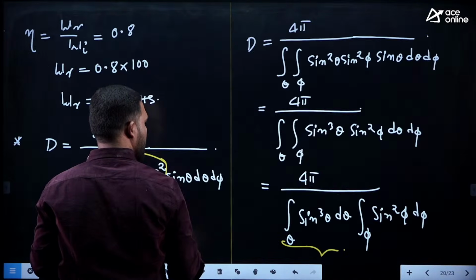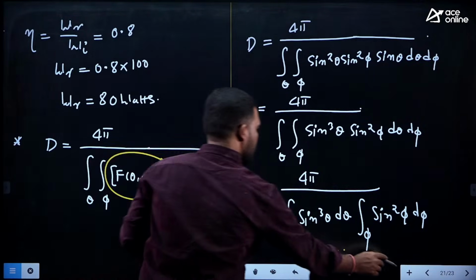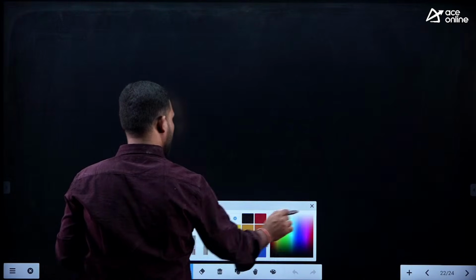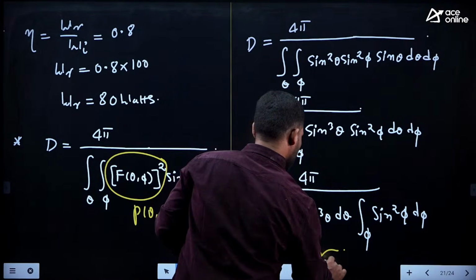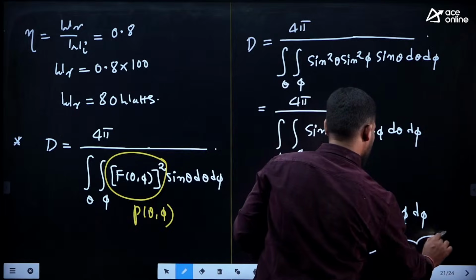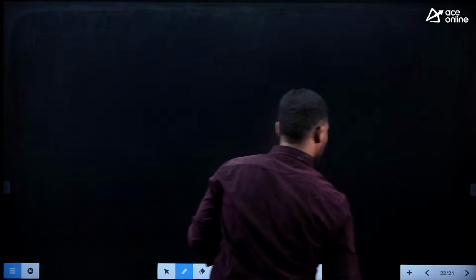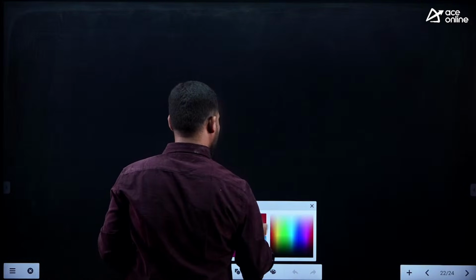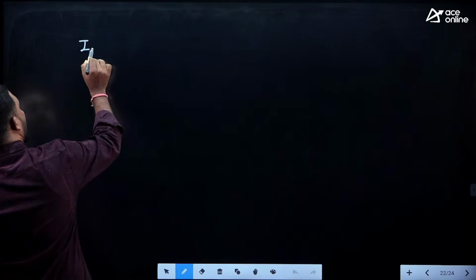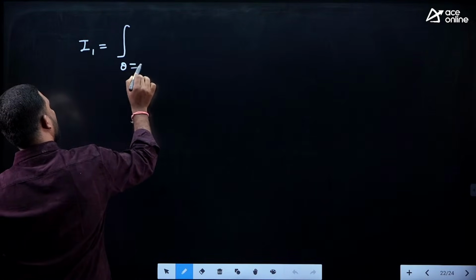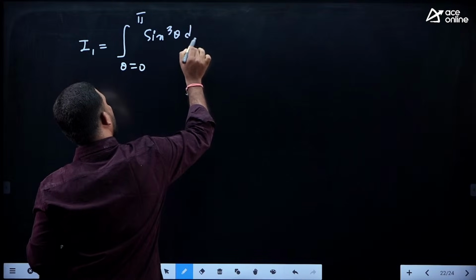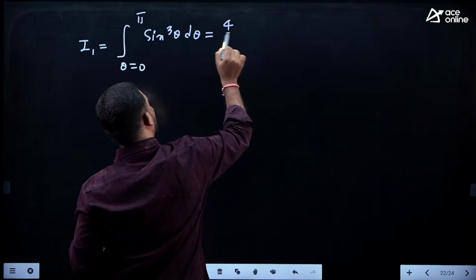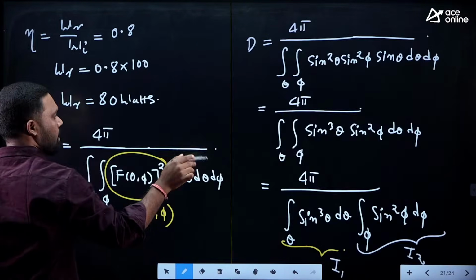So what I mean to say here is, this value is 4 by 3. Let me turn the page here. I am calling this integral I1, and this integral I2. So what is the integral I1, guys? The integral I1 is equal to the integral of sin cube theta d theta, theta from 0 to pi, which is 4 by 3. Correct? So what is the integral I2?